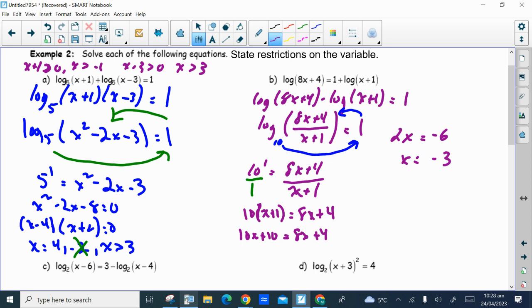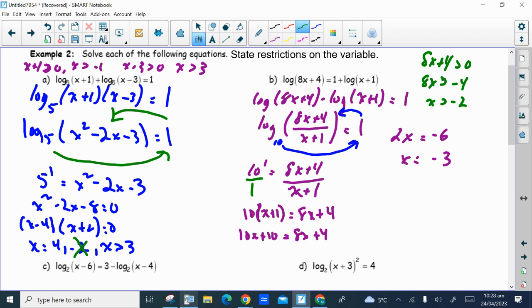We have to check and make sure what our restrictions are. So our first argument, 8x plus 4, must be greater than 0. So 8x must be greater than negative 4, and x must be greater than negative 2. So now we know that our answer won't work, because negative 3 is not greater than negative 2.